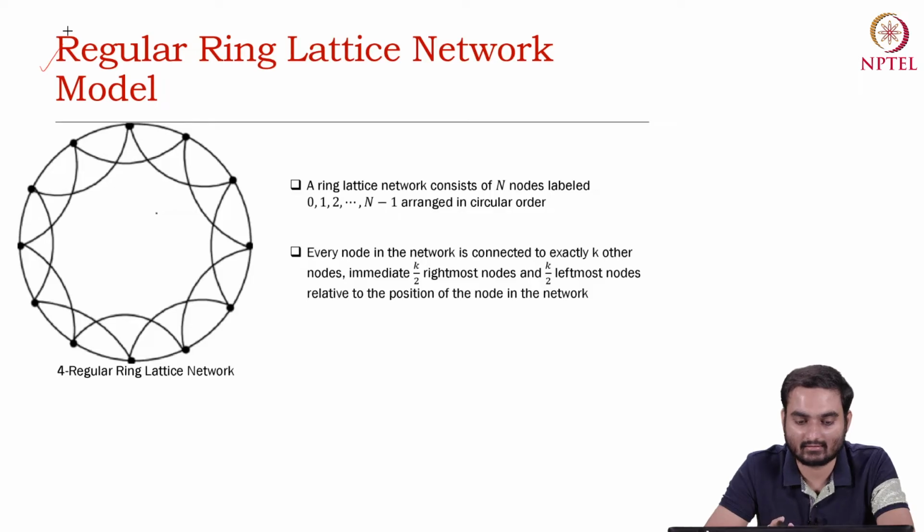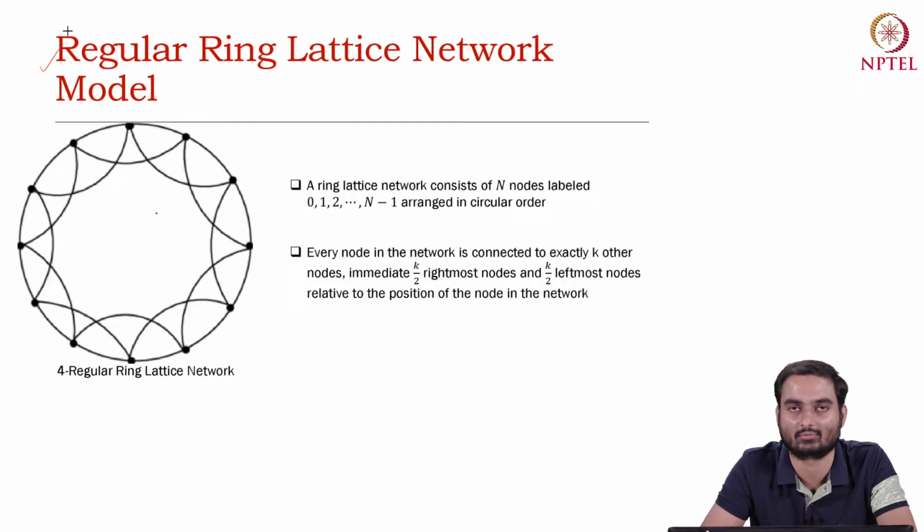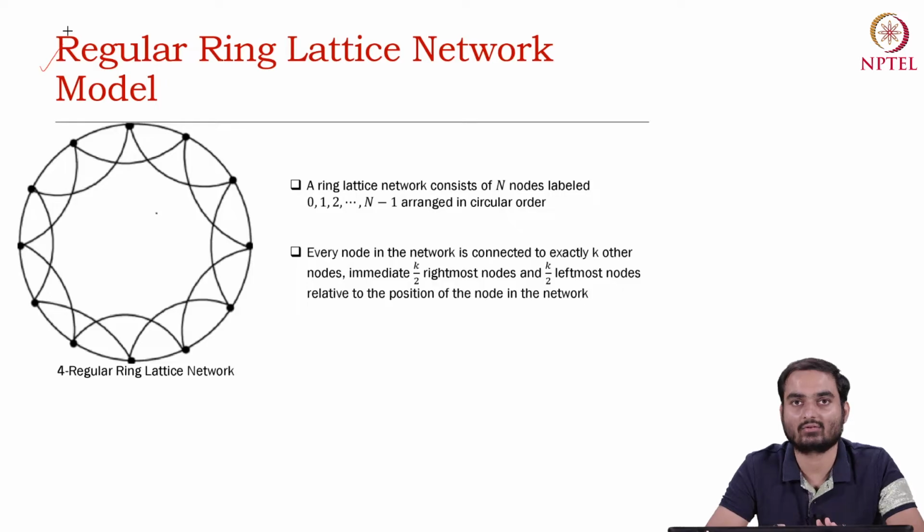Generally no one will believe that this model mimics the way real world networks grow over time, but at least this is a model by which you can show that the clustering coefficient would be high.